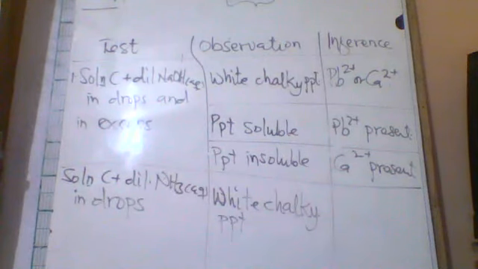If it is calcium, there will be no PPT. So white chalky PPT will be Pb2+ present.